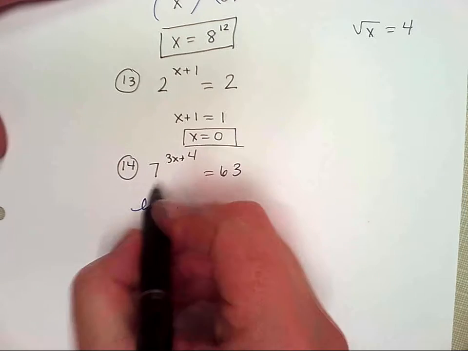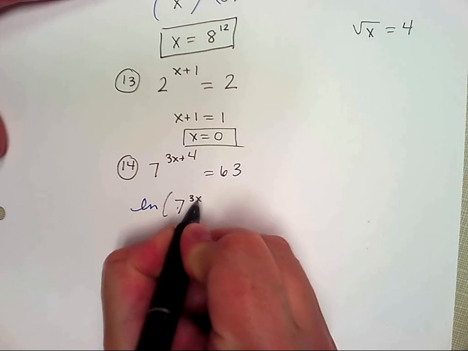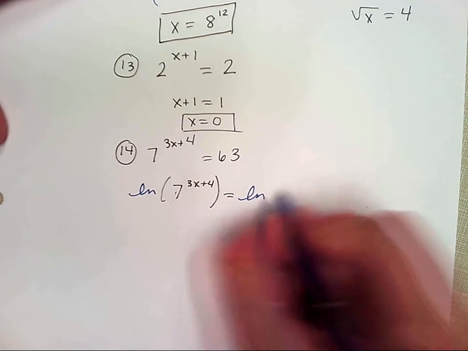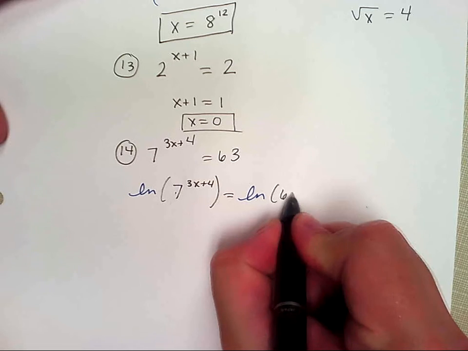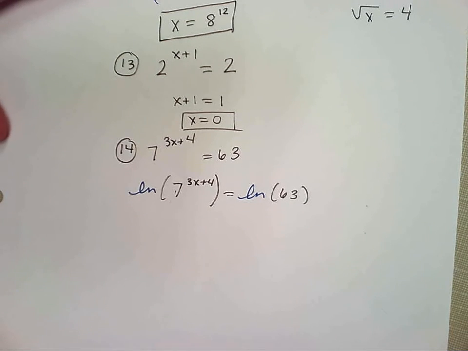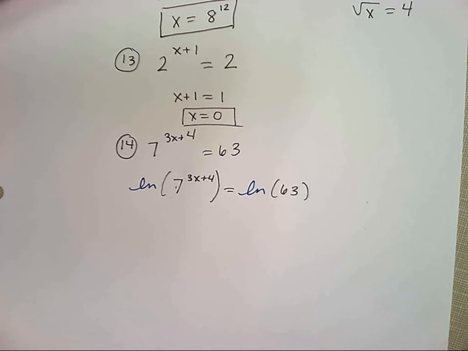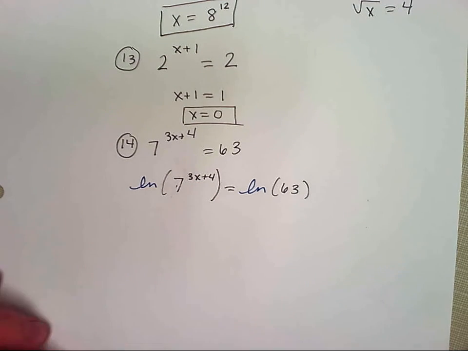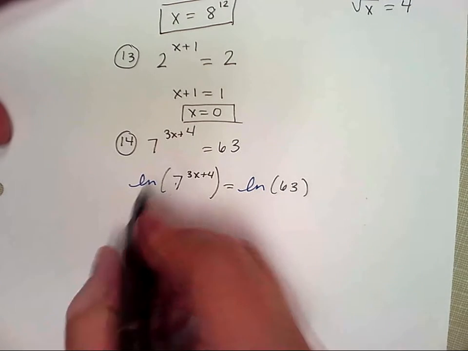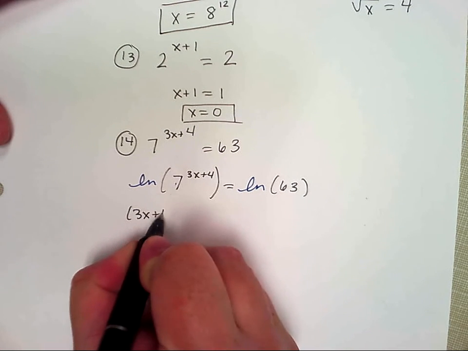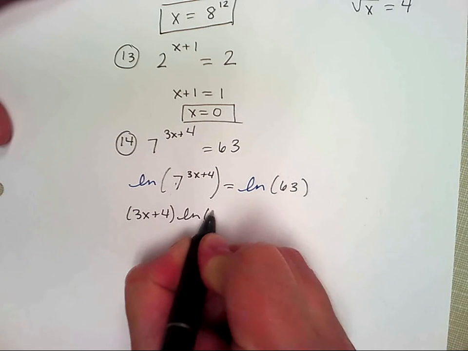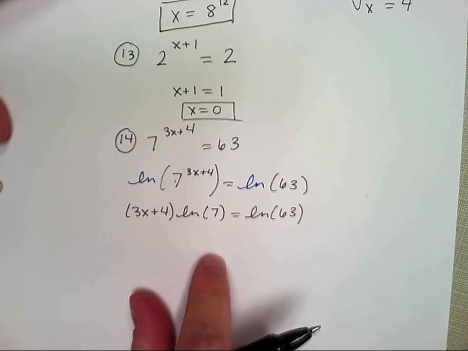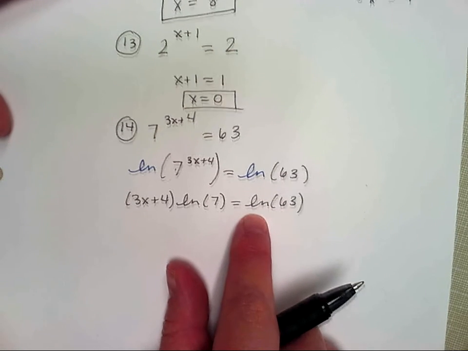So I'm taking the natural log of both sides. Okay, now I need to use that rule where if I have an exponent inside of the logarithmic function, I can bring that out in front. Okay, so what is ln of 63 equal?